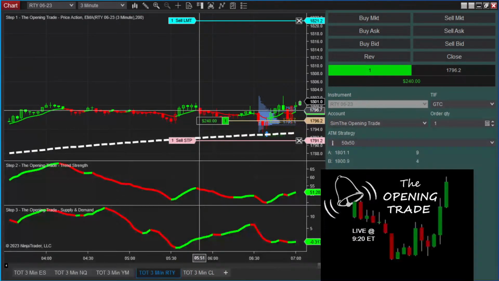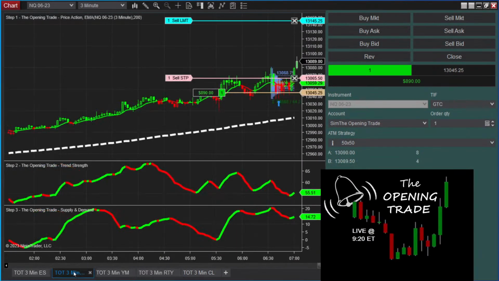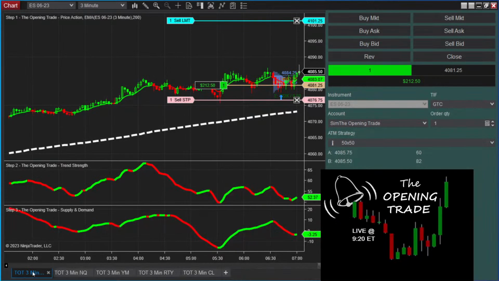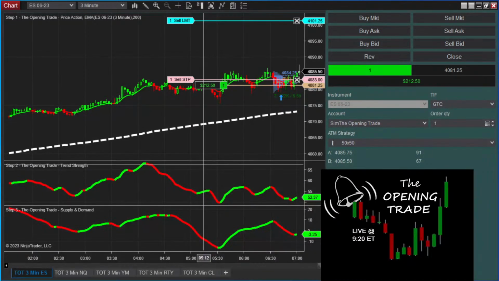Russell's going up. Okay, so NASDAQ, I need to move myself up a little bit. I'm just going to move the S&P 500 up.